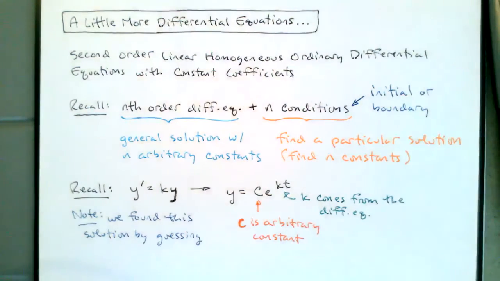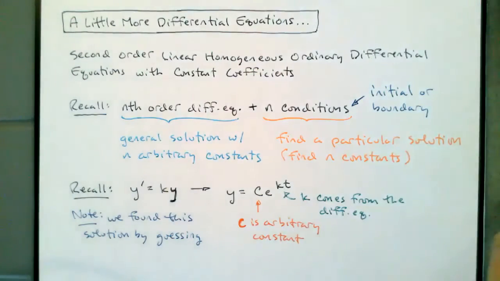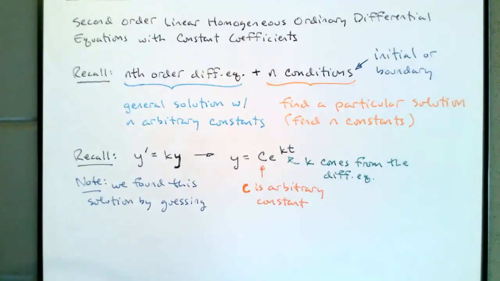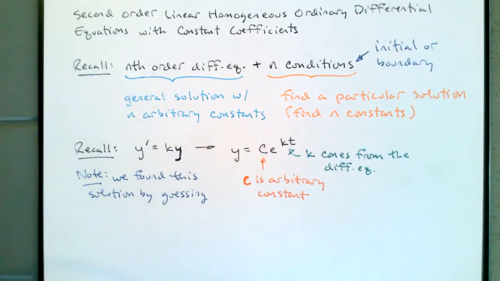Not just randomly guessing. Random guessing is terrible. But guessing is really the only thing that we've ever done. I wonder if this will work. Nope. I wonder if this will work. Nope. I wonder if this will work. Yay.